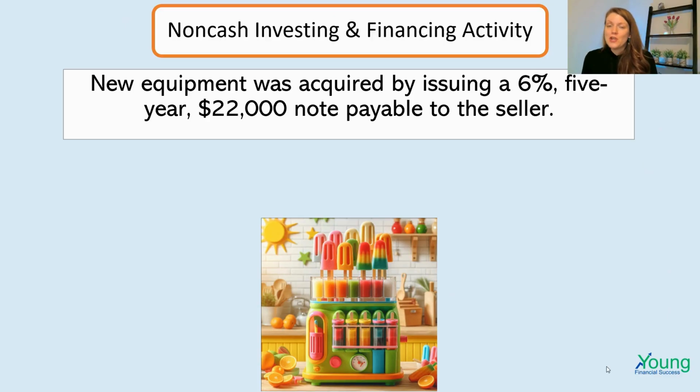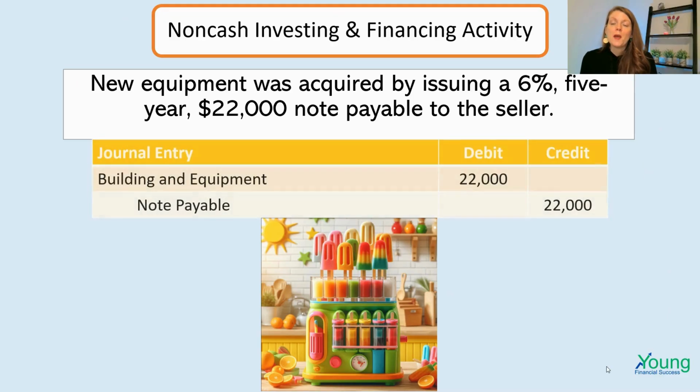So, okay, no cash was exchanged here, but we see that we would have increased our equipment and we would have increased our note payable. So this is one of those non-cash investing and financing activities, we talked about that in the last video, that we have to include a note about on the statement of cash flows because it does affect investing and financing, even though there's no cash that's affected quite yet.